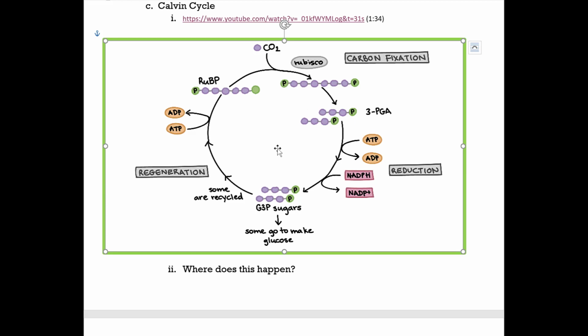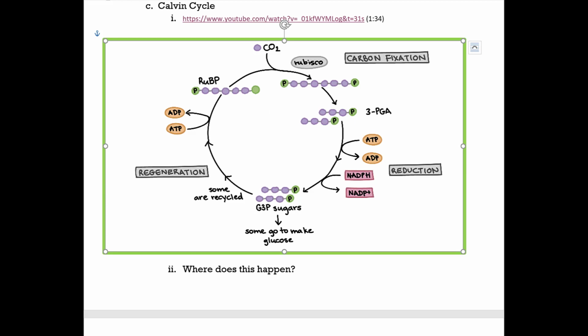It wouldn't be enough energy generated from even cellular respiration to help power that. So the reason that we need to regenerate RUBP is it is an energetically favorable molecule, and for Rubisco to use as a substrate to fix carbon.